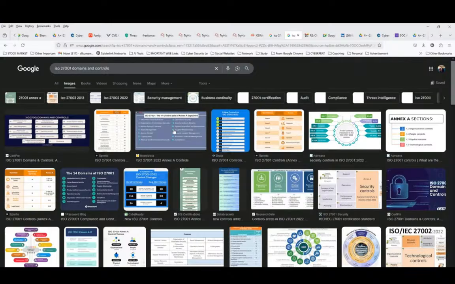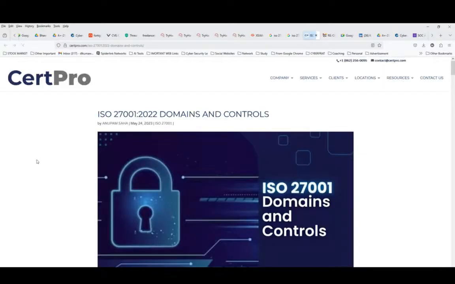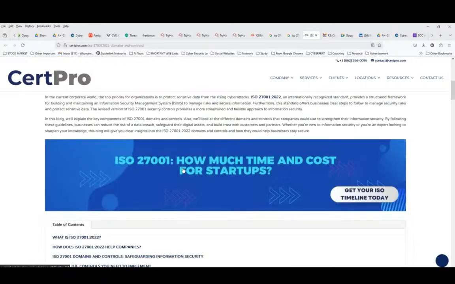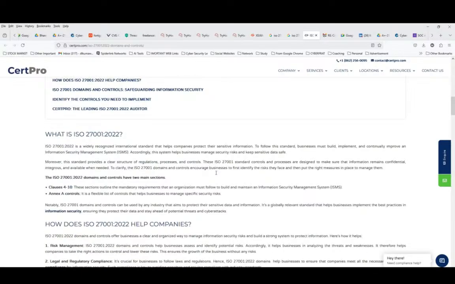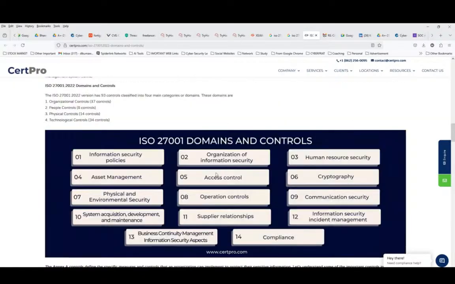Okay, sir. So if you're talking about ISO 27000, you can see here, go down, and we can see we have different types of security controls. Yes, this is ISO 27000 domains and controls.